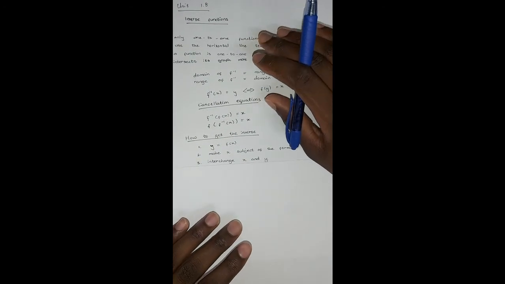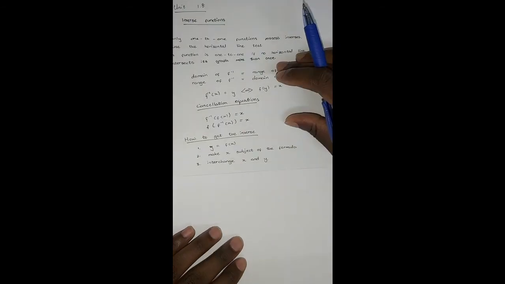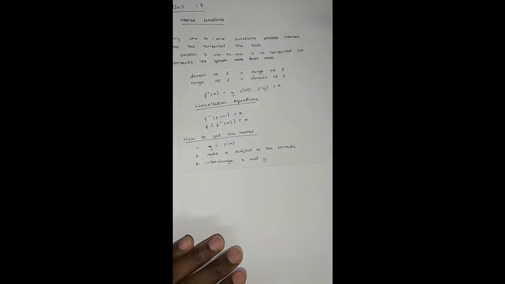Then you interchange x and y. So where you have x, you substitute with y, and where you have y, you substitute with x. Then your y becomes f inverse, being equal to what you'd have gotten. Okay, so that's the theory behind inverse functions, unit 1.8.